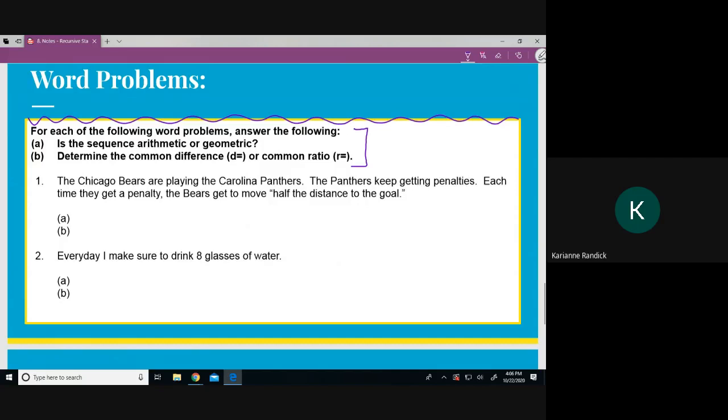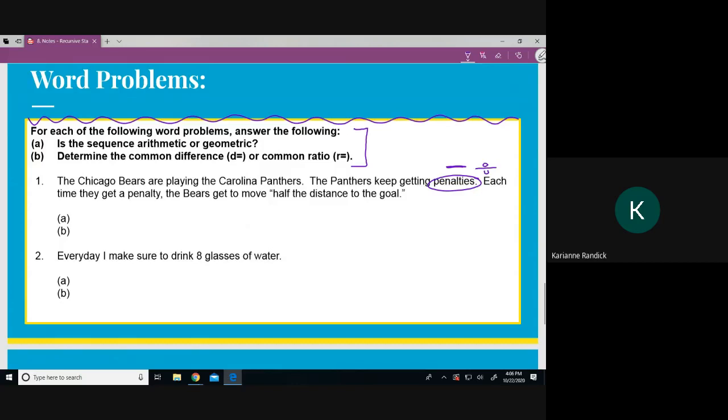We're getting penalties, and penalties are bad. Anytime you see penalties, you're going smaller. So it's either going to be subtraction or division, because it takes away your points. That means it's decreasing. Remember, when we have decreasing, we're thinking subtraction or division.